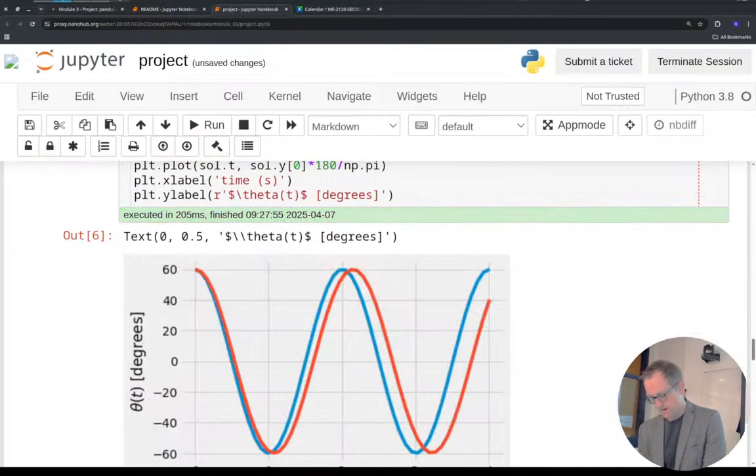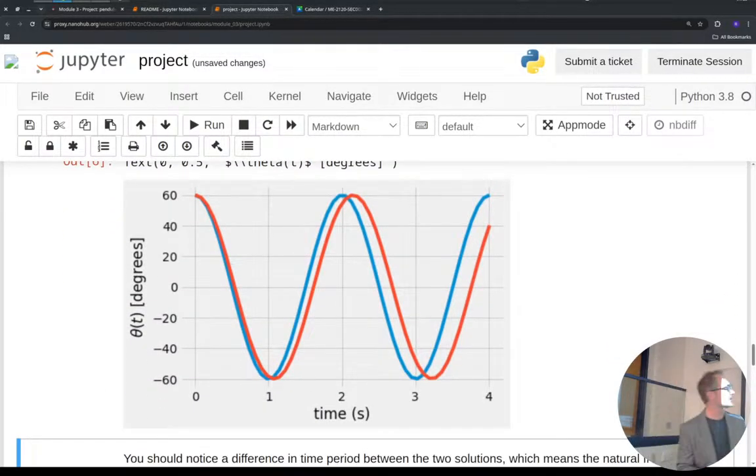So if we run a comparison between the 2, what do we see that's different so far? We have blue is a linear solution, red is our nonlinear, sine theta solution. What do you see that's different? Yeah, the first thing that stands out is the frequency, I guess the period. Period or frequency, they should be directly related, right? There should be some direct relation. So period or frequency, those are different.